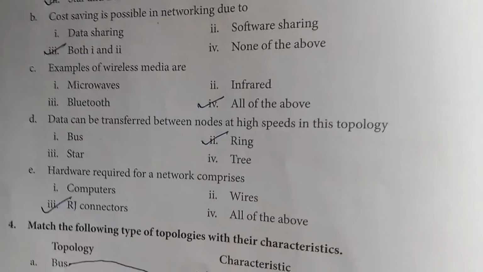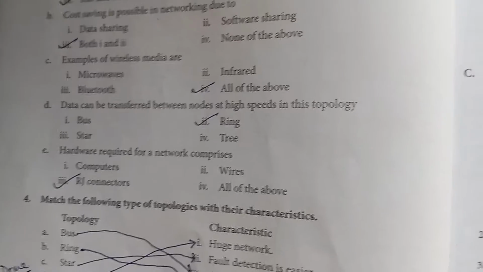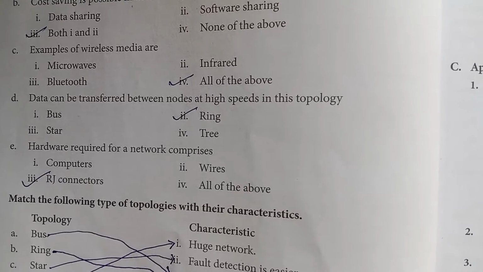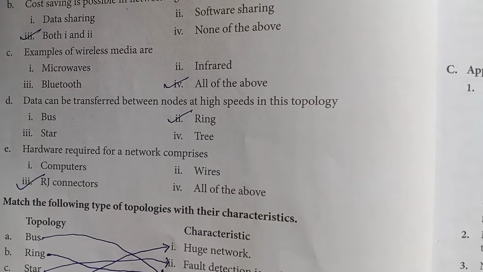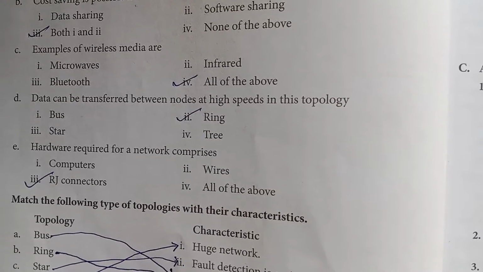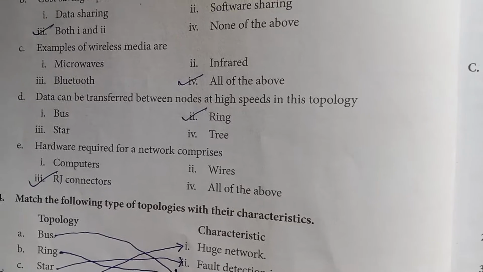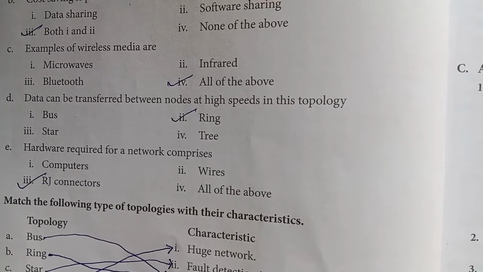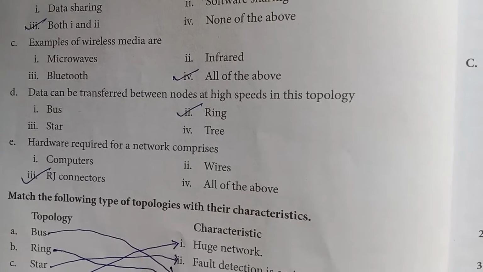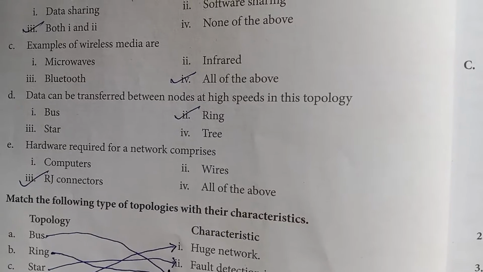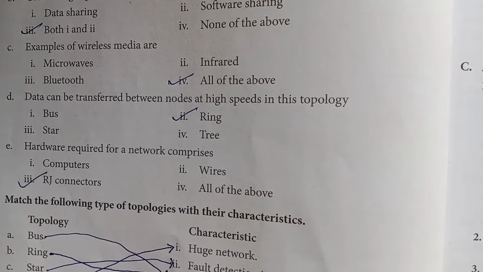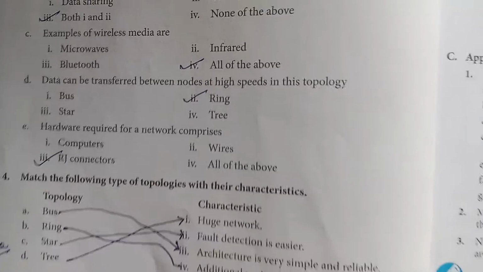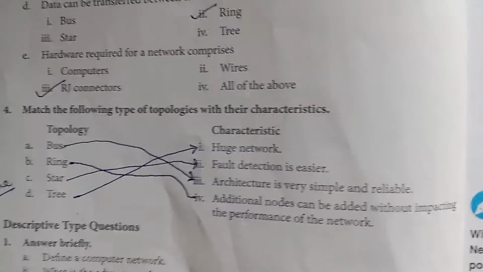That's why all are wireless media. And the next one: data can be transferred between nodes at high speed in ring topology. Hardware required for a computer network includes RJ connectors.